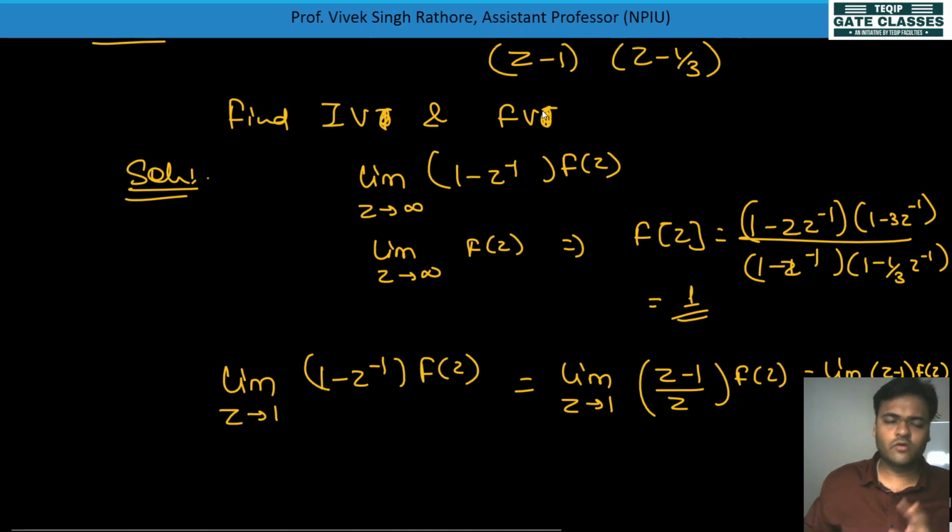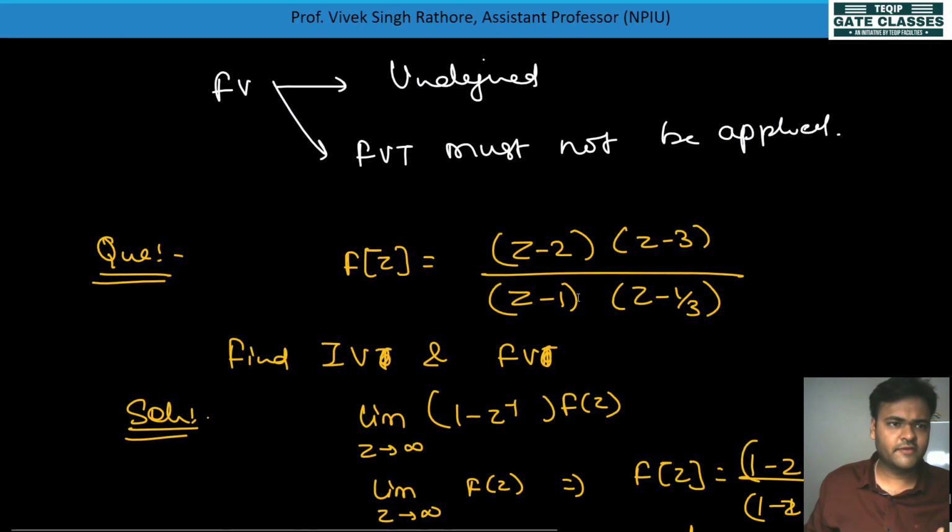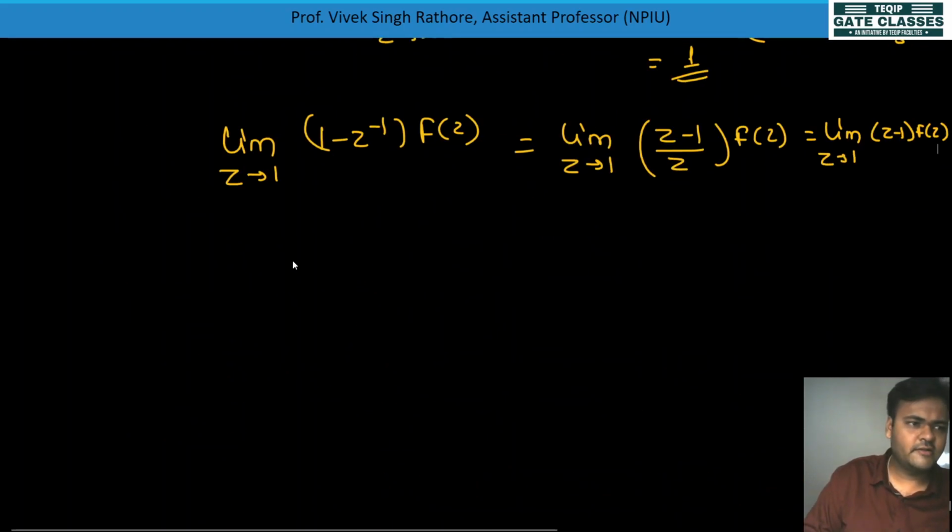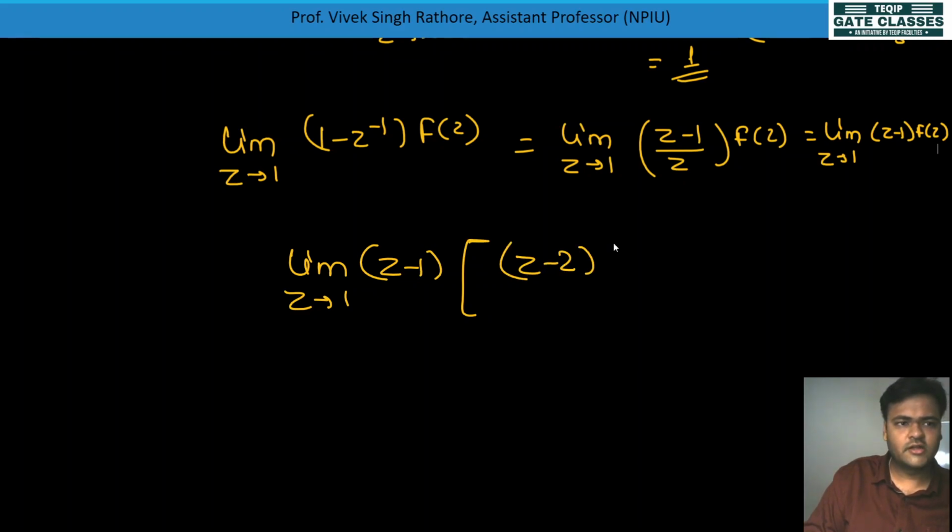Any one of these three you can write. I think the third one is more significant. If we cancel z minus 1 with z minus 1, ultimately we can write limit z tending to 1 of (z minus 1) into F of z, where F of z is nothing but (z minus 2)(z minus 3) divided by (z minus 1)(z minus 1 by 3).